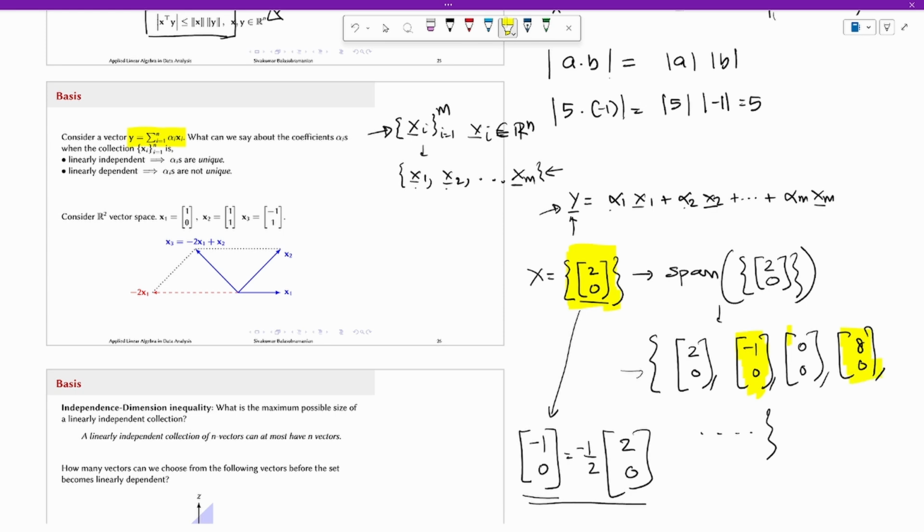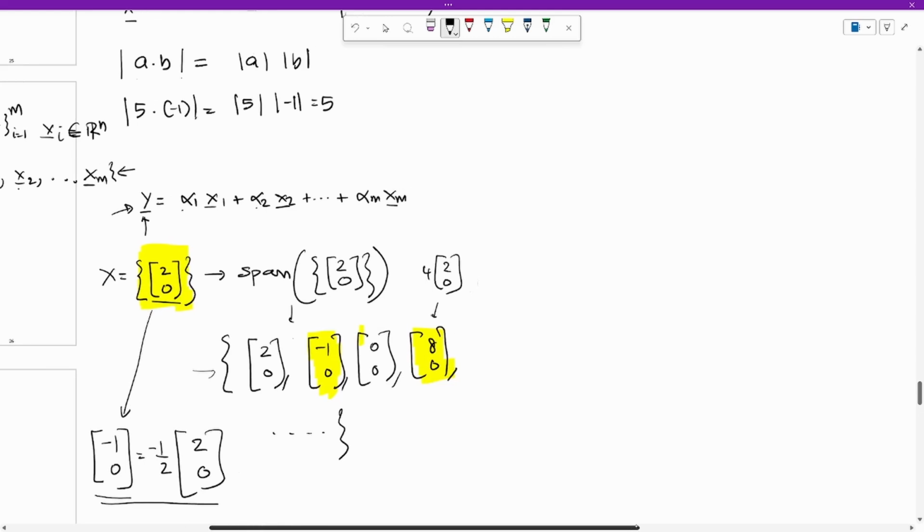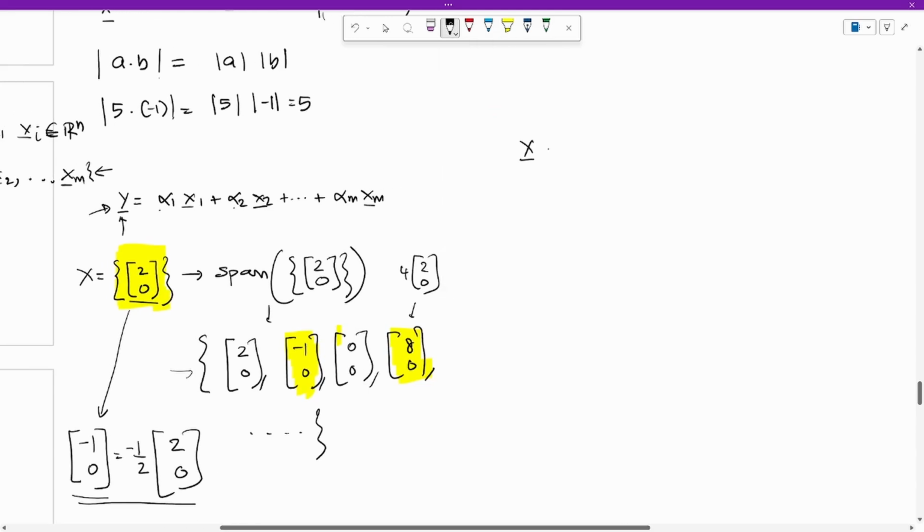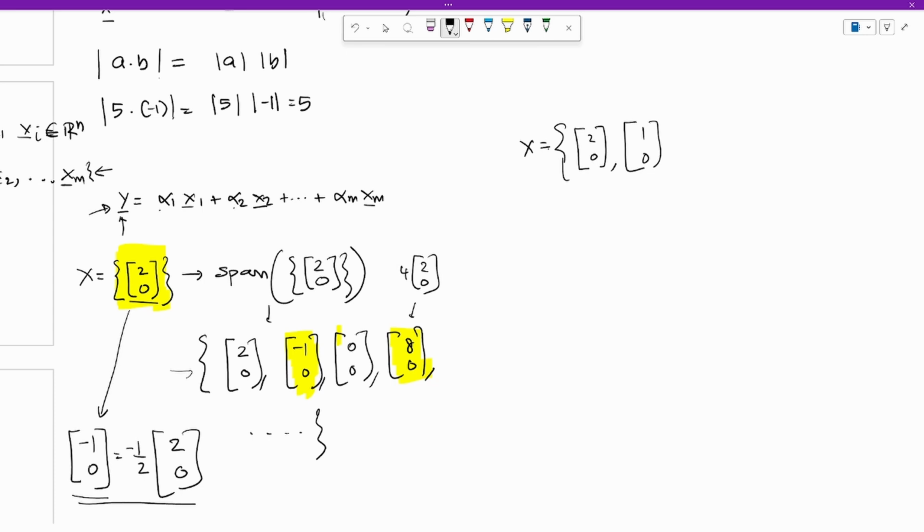Now, it applies to everything, not just this special case. If I choose this, the only way I could have produced this is by that, for the case where it's linearly independent. Let's consider another example. Let's see if that holds for it. Is this a linearly dependent or independent set?